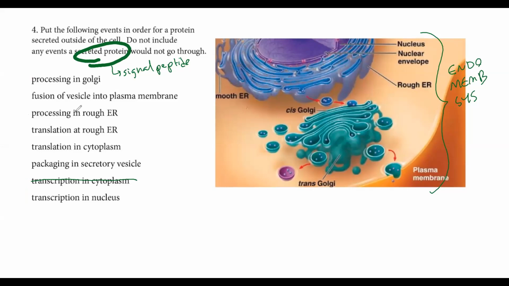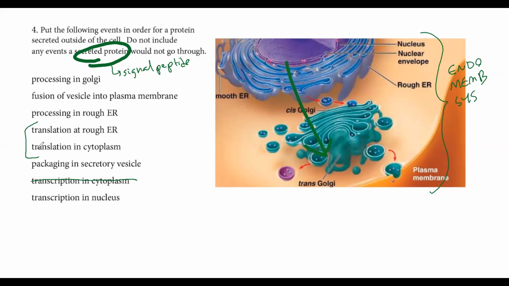Let's also compare translation. So it's possible for proteins to be translated at the rough ER, and it's also possible for proteins to be translated in the cytoplasm. The difference is, the signal peptide has to travel through this entire endomembrane system. Right, so we're going to be using this arrow to help us later.